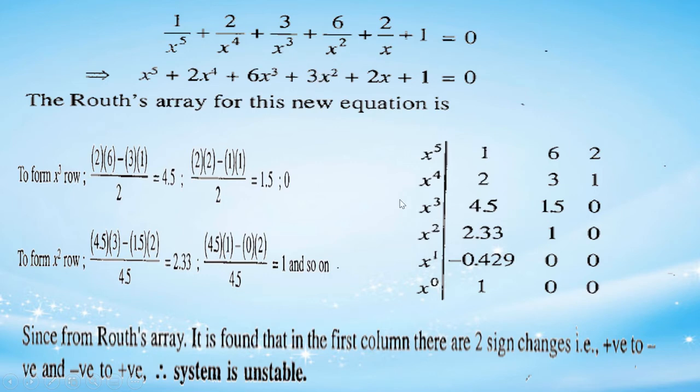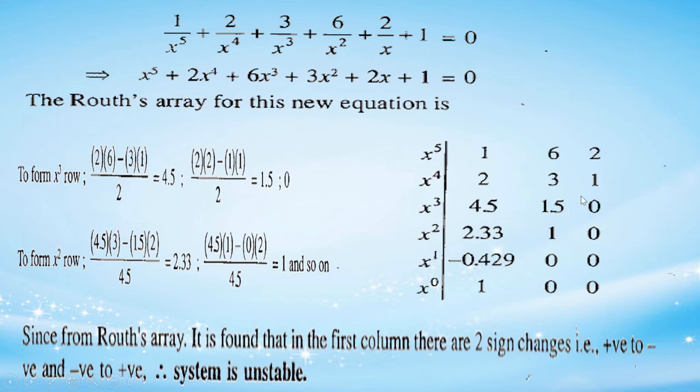Third row can be got as 2 into 6 minus 3 into 1 by 2, that is equal to 4.5. 2 into 2 minus 1 into 1 by 2, that is 1.5. We don't have a fourth column, so the value will be equal to 0. The x square row can be got as 4.5 into 3 minus 1.5 into 2 by 4.5, that is 2.33.